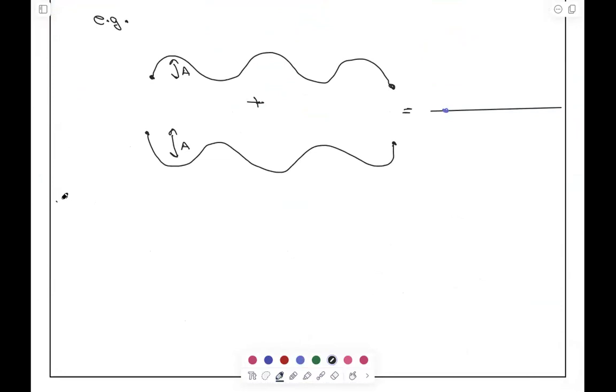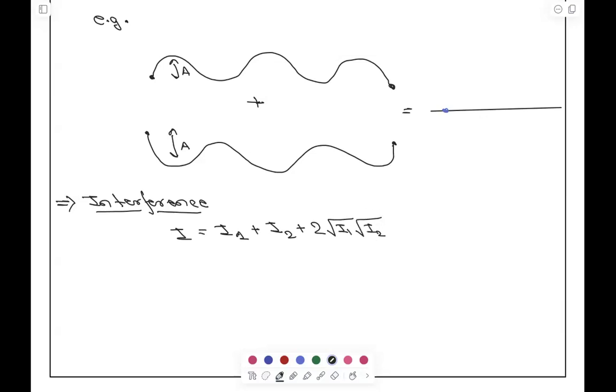Now interference. थोड़ा सा इंटरफेरेंस की बात कर लेते हैं हम लोग. Although we have to study this in great detail, थोड़ा सा बात कर लेते हैं. If you have seen interference, right? So what was I? Anyone remember? बताओ यार, 12वीं की चीजें हैं. I = I1 + I2 + 2 root I1 I2 cos delta phi. That is the phase difference between them, where delta phi I can define as 2 pi by lambda into delta x, right?